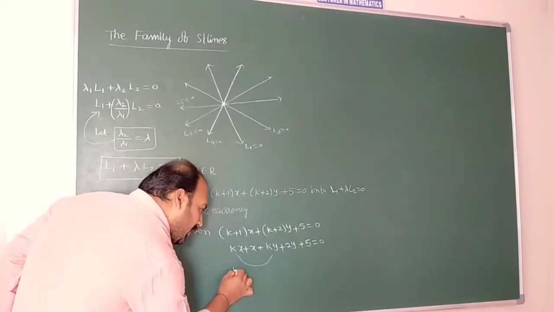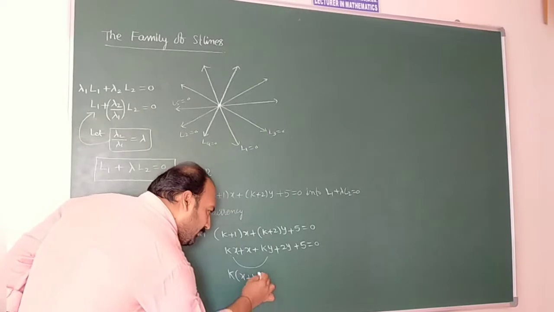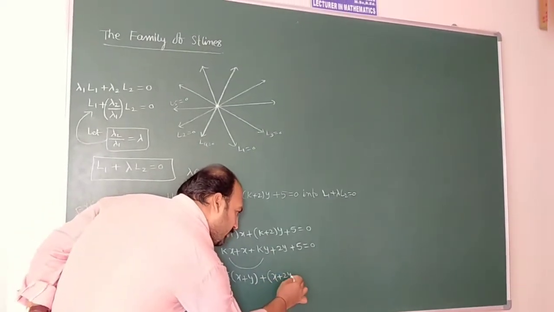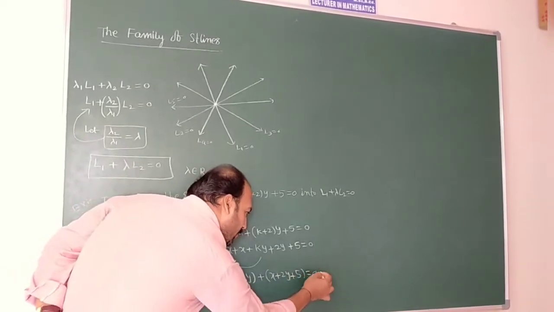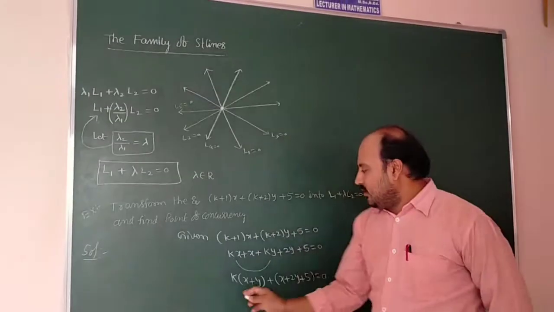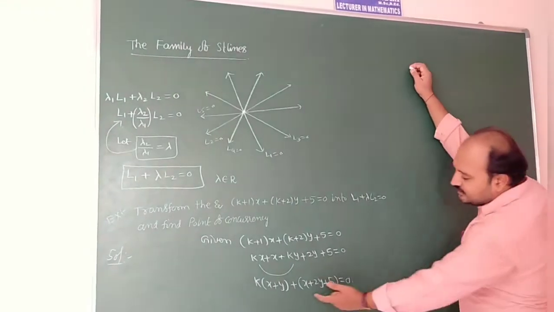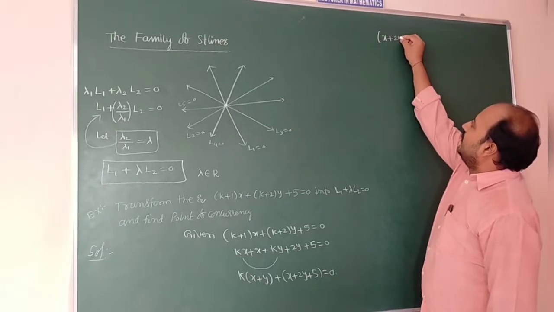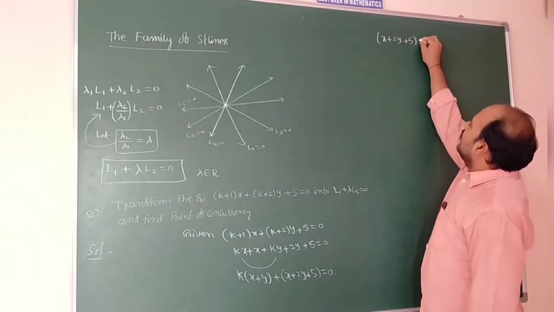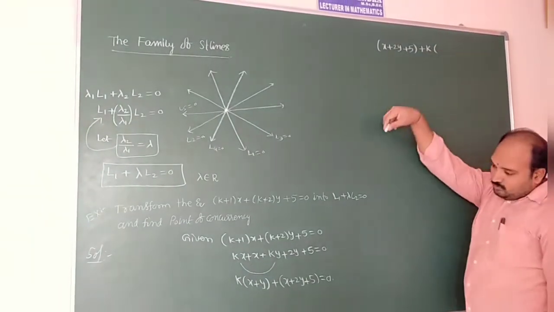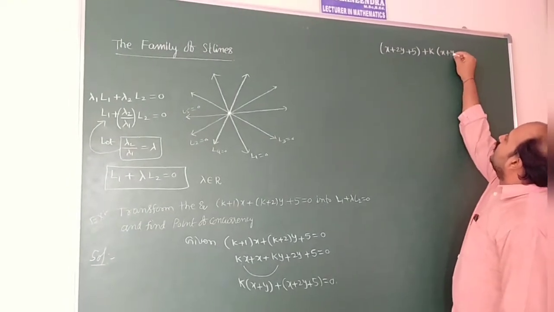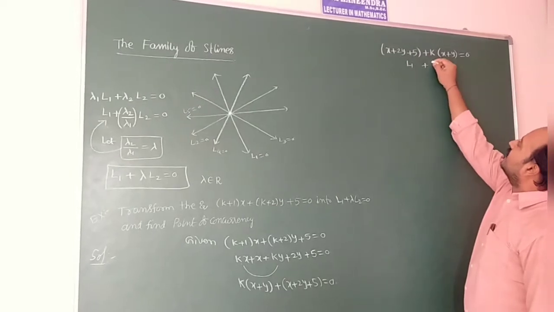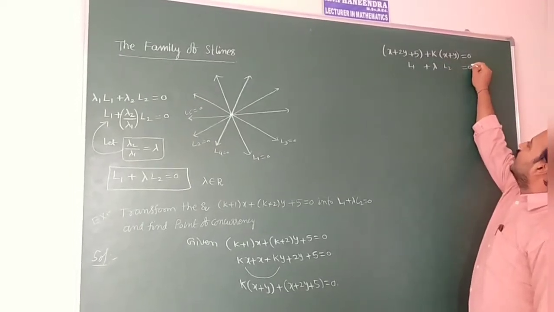So take k common: x plus y. The terms not containing k: x plus 2y plus 5. We can write this equation as x plus 2y plus 5 plus k into (x plus y) is equal to 0. It is looking like L1 plus lambda L2 equal to 0.